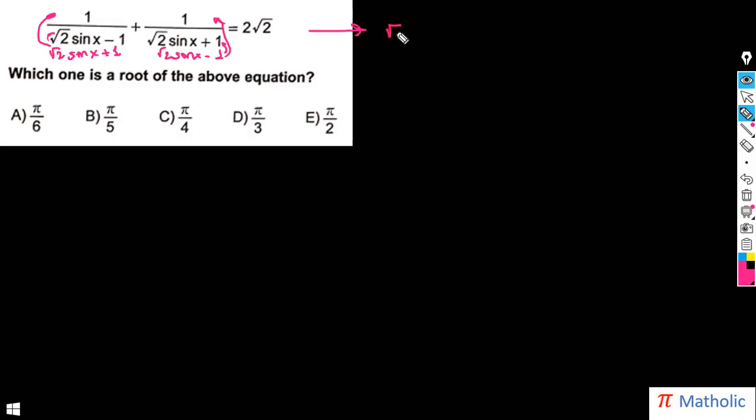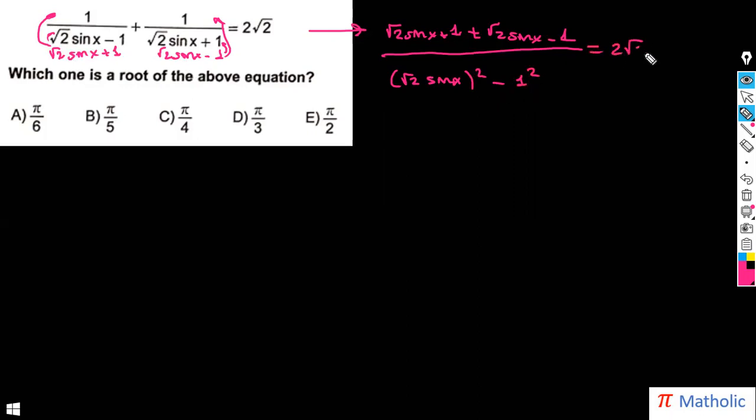So up will be radical 2 sine x plus 1 plus radical 2 sine x minus 1, over. This can be considered as a minus b times a plus b, which is a squared minus b squared, equals 2 radical 2.